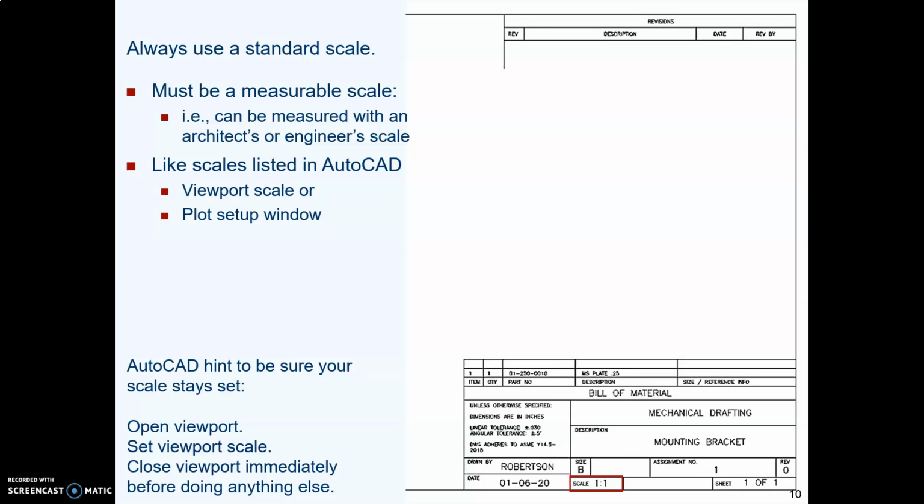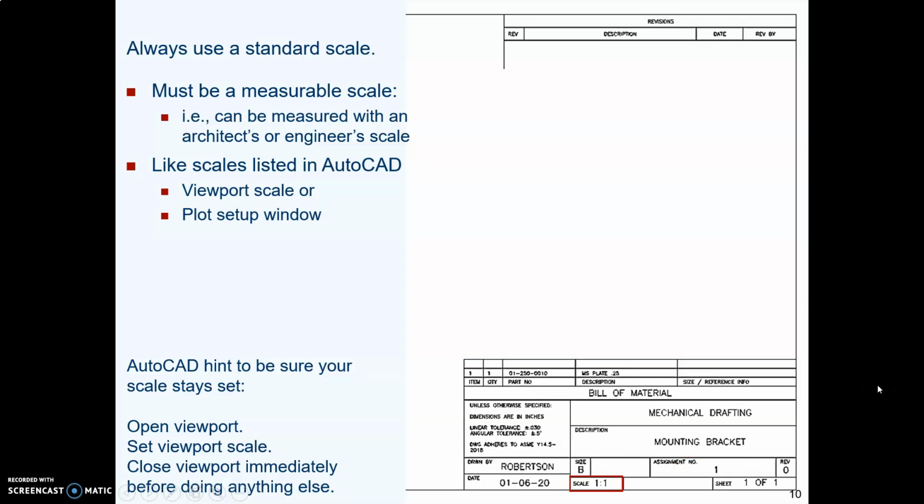We always use a standard scale, and as we go along making drawings, I'm going to have videos where I'll show you in AutoCAD how we set the scale and how we do the viewport and all that kind of stuff. So don't worry about that. But just for now, have it in your mind that when you set a scale in your viewport, you want to have a standard scale, and you have to have it written on your sheet.